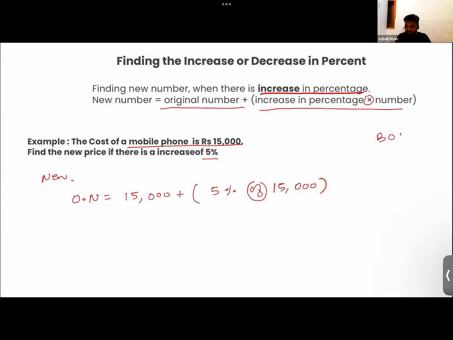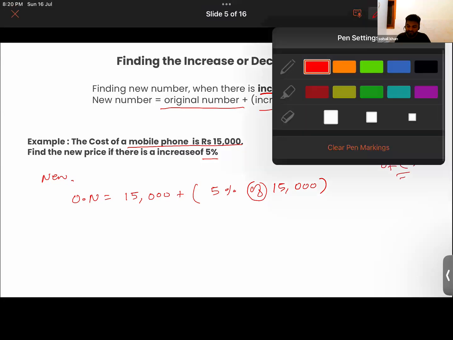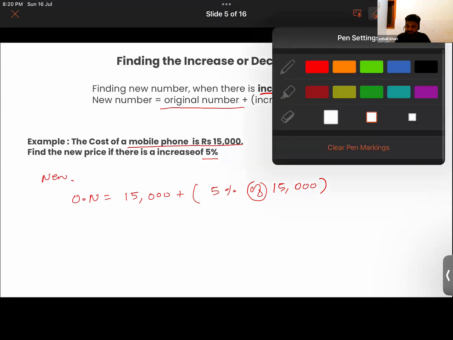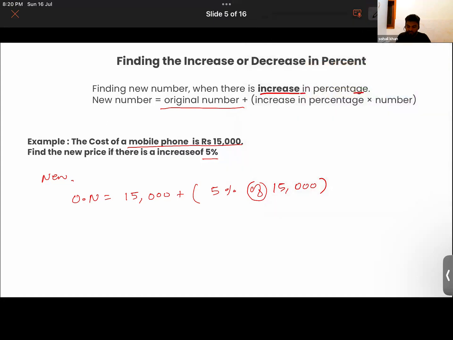Remember in board math, where you had brackets, this "of" was multiplication. Whether you say "of" or multiplication, both are the same, so don't get confused. Now back to our question. It can be written like this: 15,000 plus 5% multiplied by 15,000.